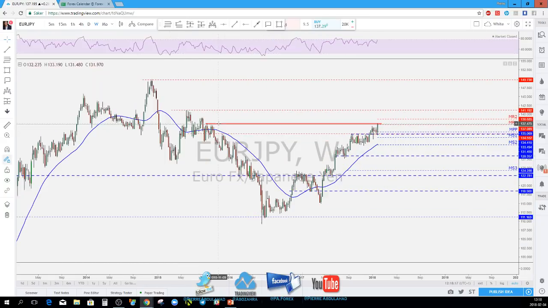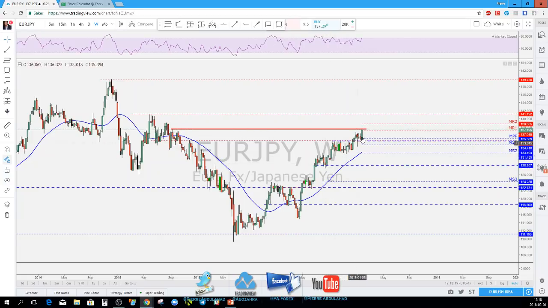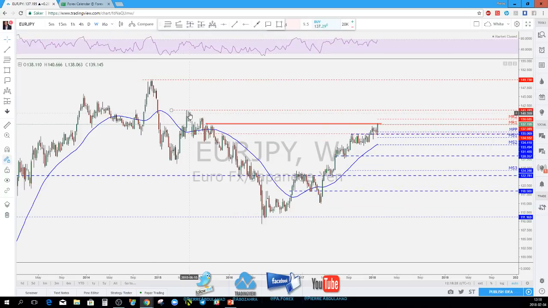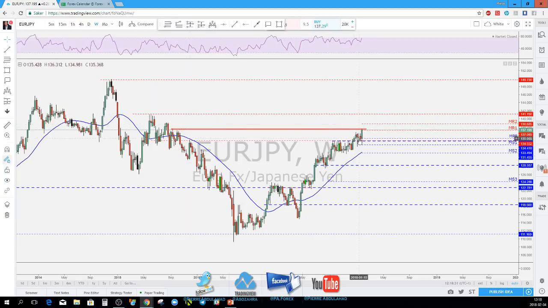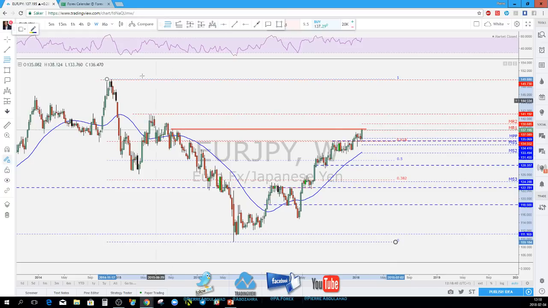I personally think that this may keep continuing higher, and that we have this area up here as a possible market objective, and that we should be looking for buys only on this pair so far. If we take a Fibonacci retracement for this whole move to the downside, you see that we now did break the 61.8, retested, and seem to continue.